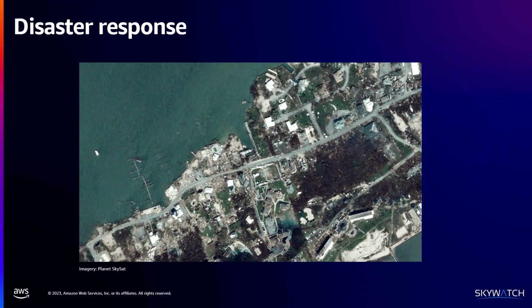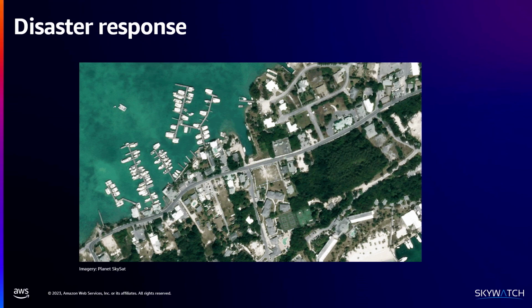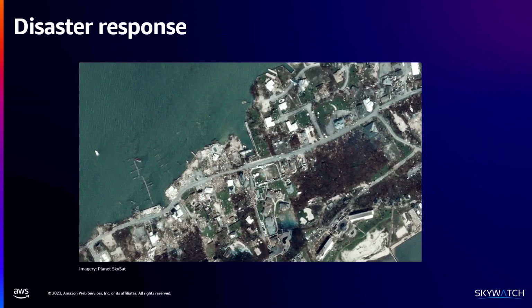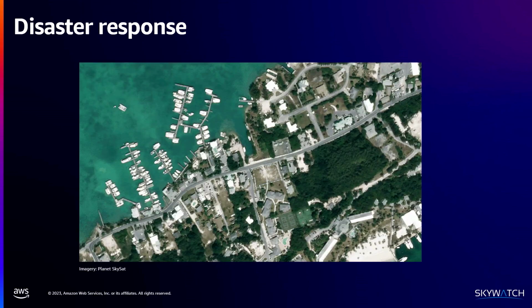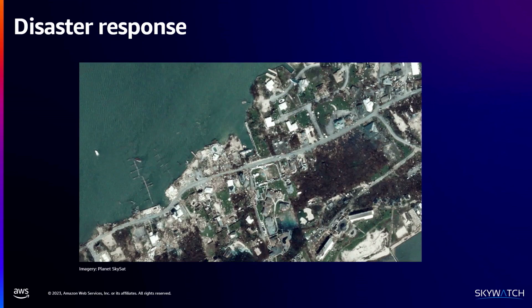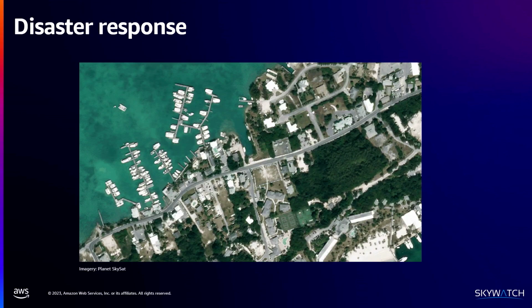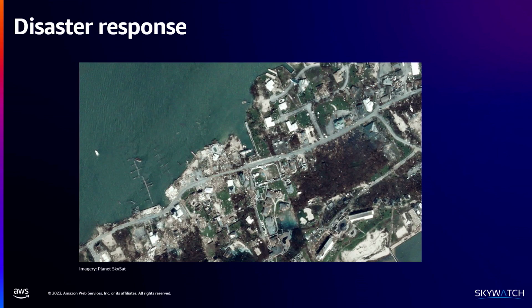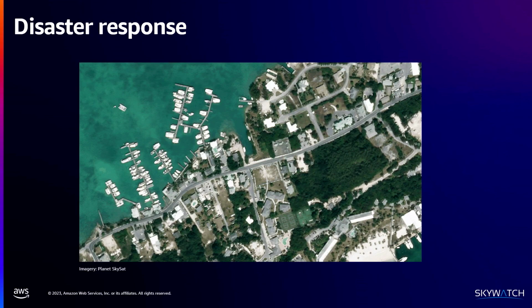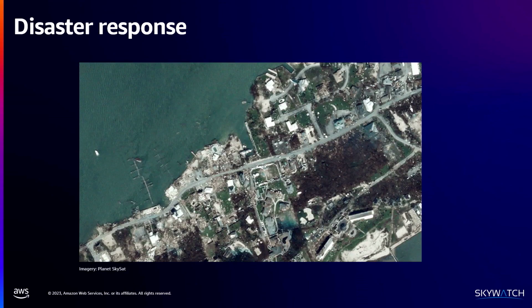And so we were working with the Bahamian Air, Sea, and Rescue Association and the Third Wave Volunteers in this case, and they were asking us where they needed to prioritize and asking us for imagery. So because a lot of the infrastructure was wiped out, we were actually sending them satellite images through WhatsApp on the ground, but they were able to use that to help prioritize where they would go to provide the most value.